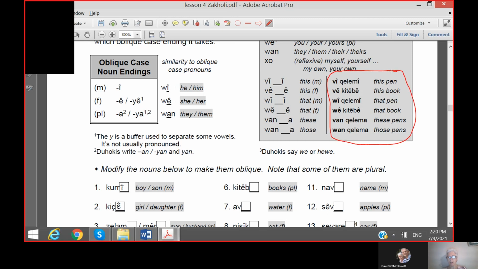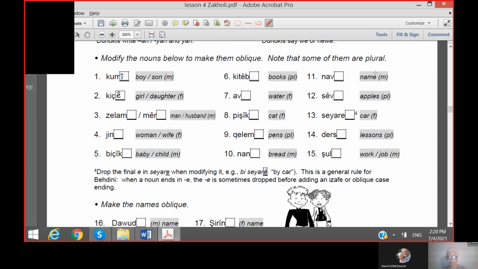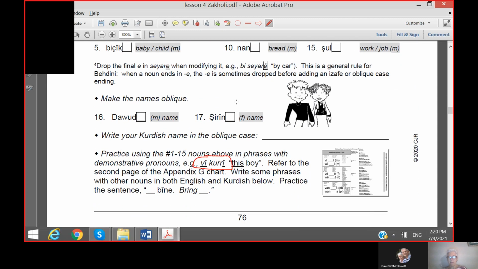We're going to do that with Appendix G. Write some of your phrases with other nouns in both Kurdish and English, and then practice the sentence of bina, bring. So for example, vi qalami bina, bring this pen.